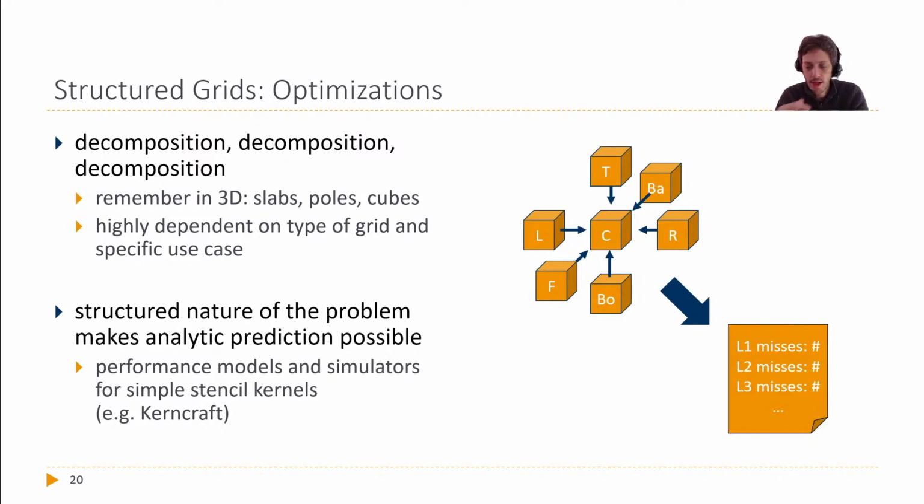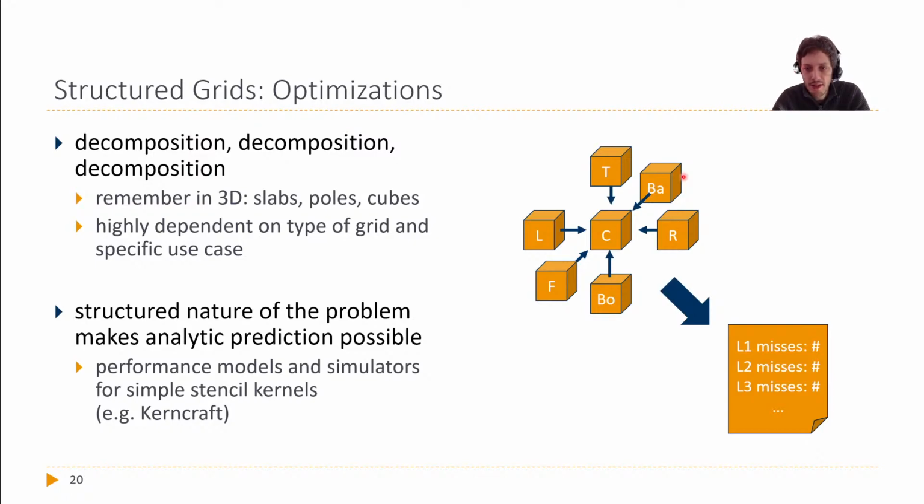On the right, I showed a simple visualization again of the stencil where we have a center value and we need the neighboring values top, bottom, left, right, and front and back. And what's really handy for this kind of problems is that because they are structured, for a subset of these problems, we can actually have analytical prediction that tries to derive performance characteristics of this code, because the code is so structured.